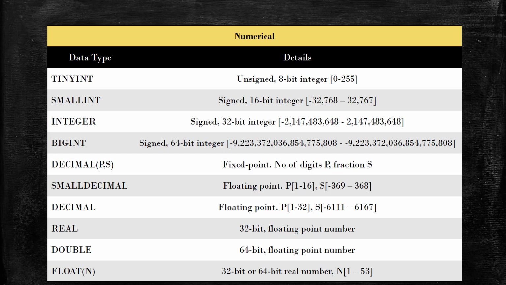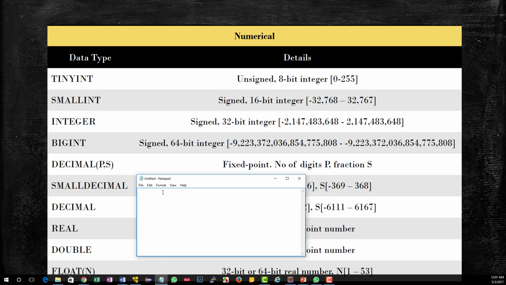Okay, let me explain fixed point decimal with a few more details. So let's see decimal p comma s.